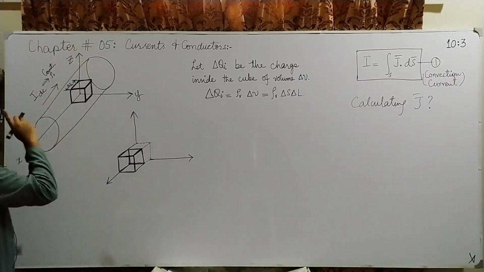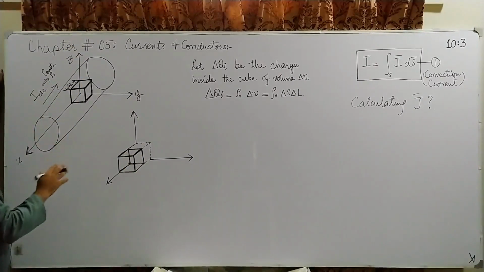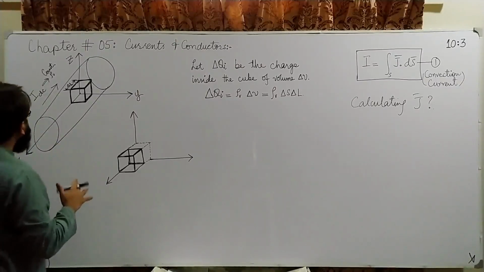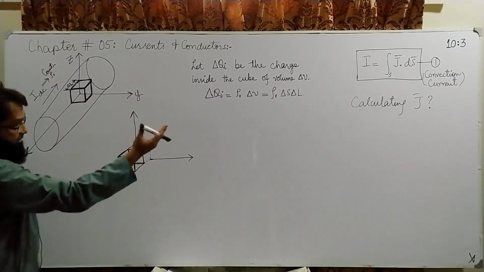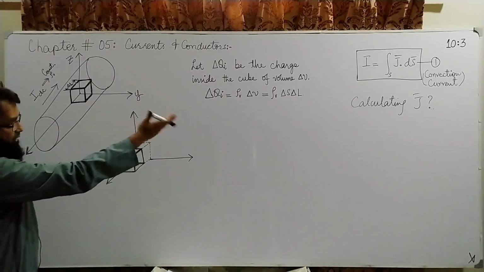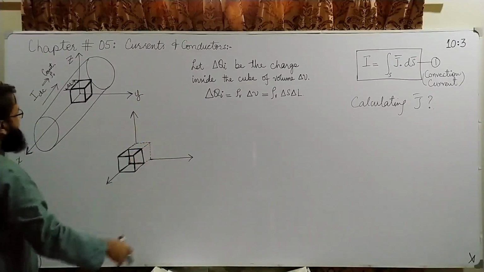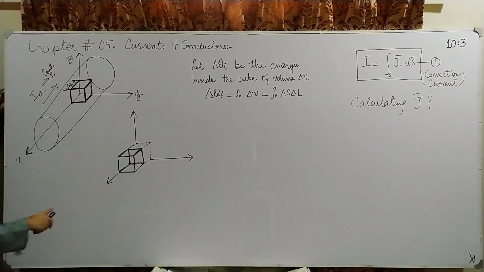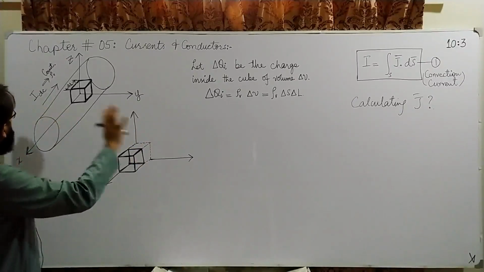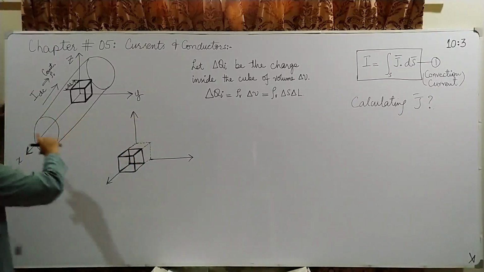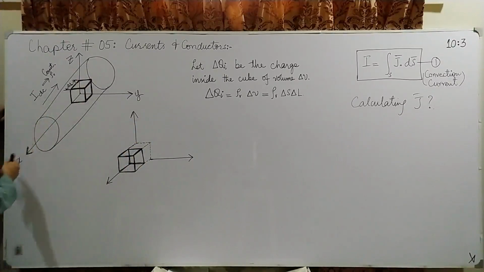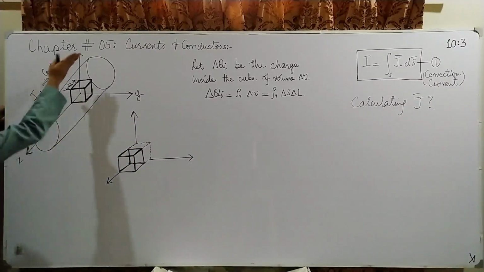So we should expect something relating J to the movement of charge. Since this J defines convection current, and convection means charges are moving, J should have something related to charge. For this derivation, let's consider a conductor which is oriented along the x-axis and carrying a DC current in this direction.